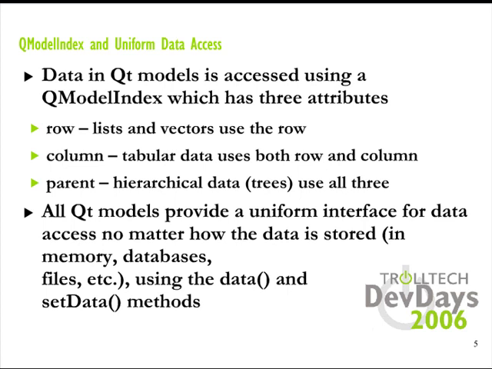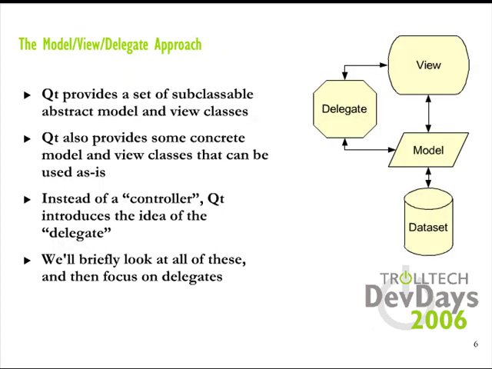But I'm going to go back a slide and tell you a few fibs, a few lies. I'm going to tell you lies about how the view and the delegate work together. And the reason that I'm telling you these things that are untrue is because I think they're actually useful as a way of thinking about how it works, even though that may not be how it really works.